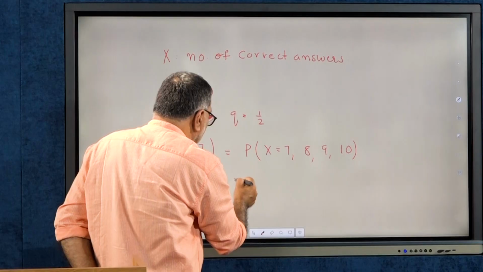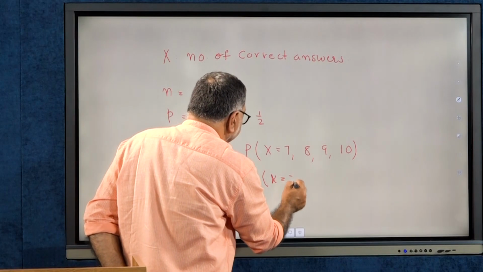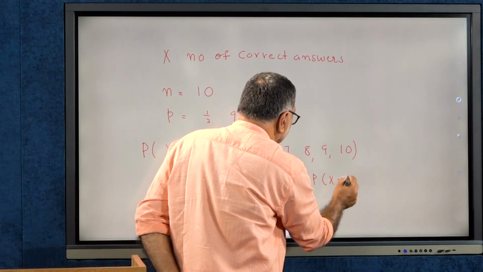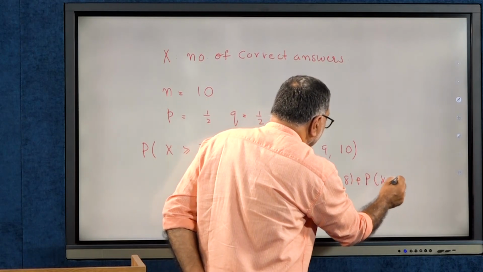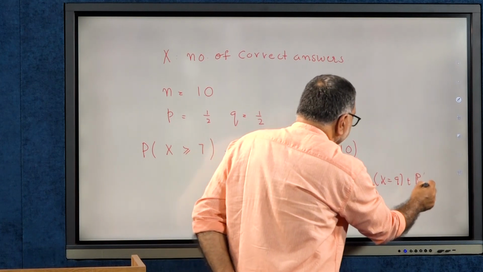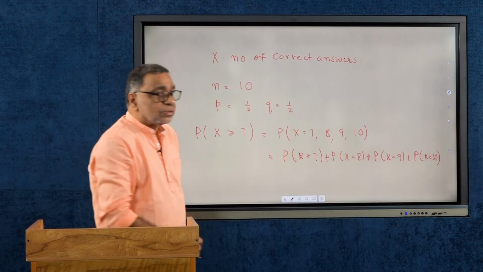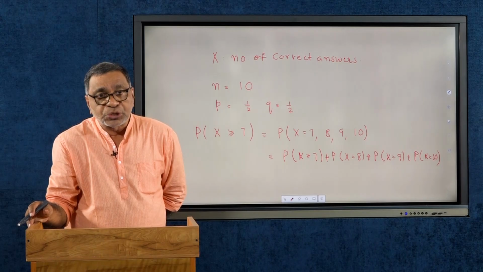So similar to the earlier problem, this is equal to probability of X is equal to 7 plus probability of X is equal to 8 plus probability of X is equal to 9 plus probability of X is equal to 10. So this is the probability of X greater or equal to 7.